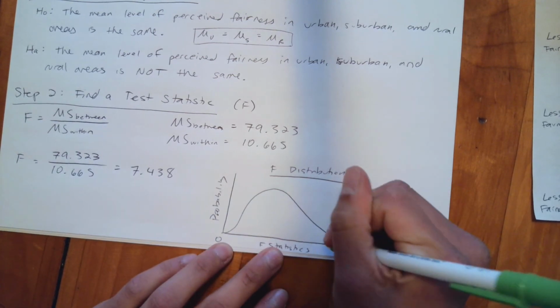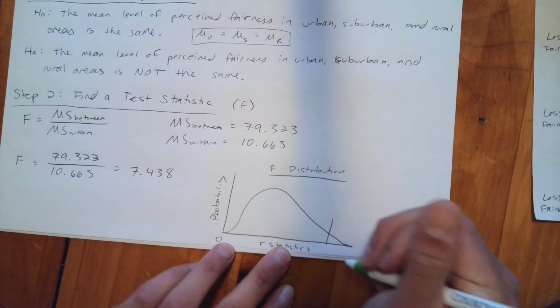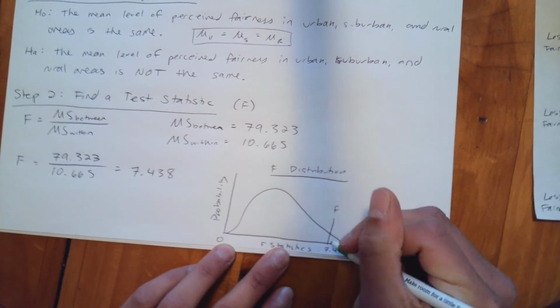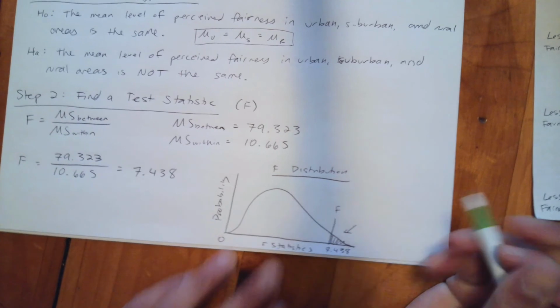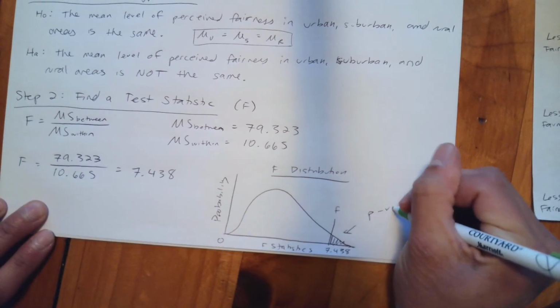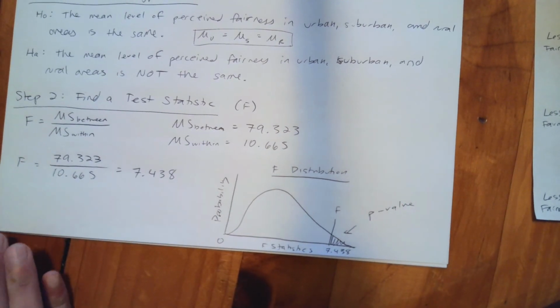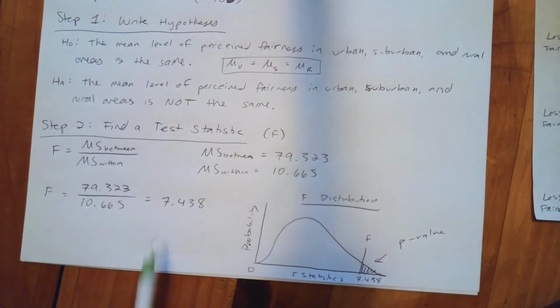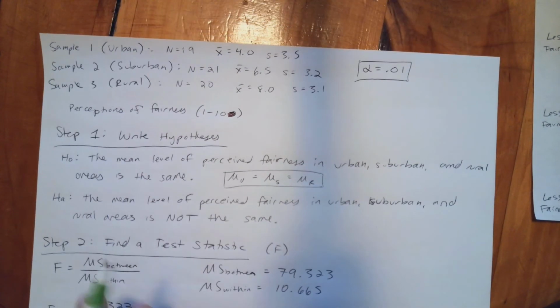So our question, once we plot our F statistic at 7.438, becomes: what's our p-value? In other words, based on this sampling distribution, how likely or unlikely is it that we would have gotten an F statistic this big or bigger if all of our samples were drawn from populations with the same means?